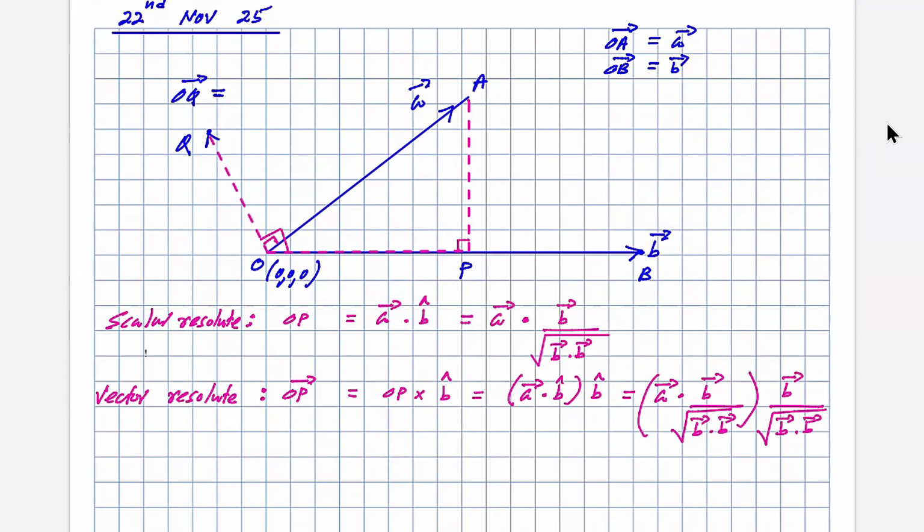The OQ vector is perpendicular to the other two. Your knowledge would say it is B vector cross A vector. B vector cross with A vector. Make sense? All good?